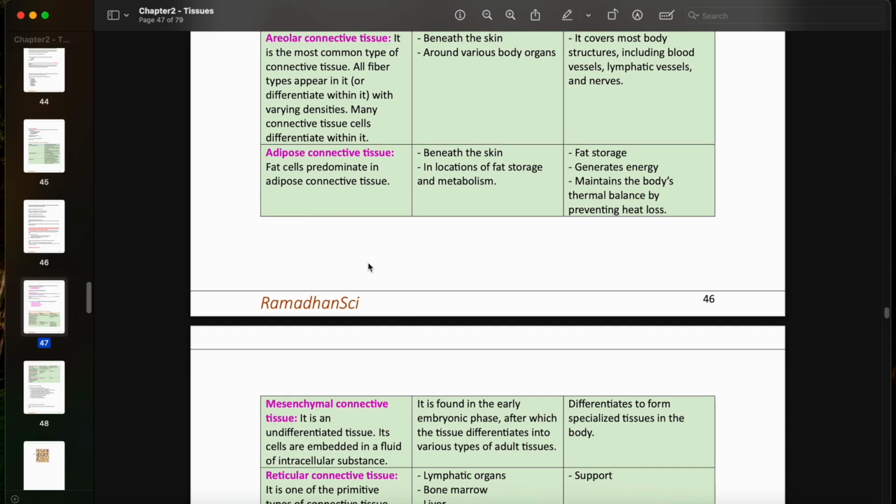Now the second type of tissue here is the adipose connective tissue. It's basically made up of fat cells, because fat cells predominate in adipose connective tissue. They're found in locations of fat storage and metabolism, and of course beneath the skin.